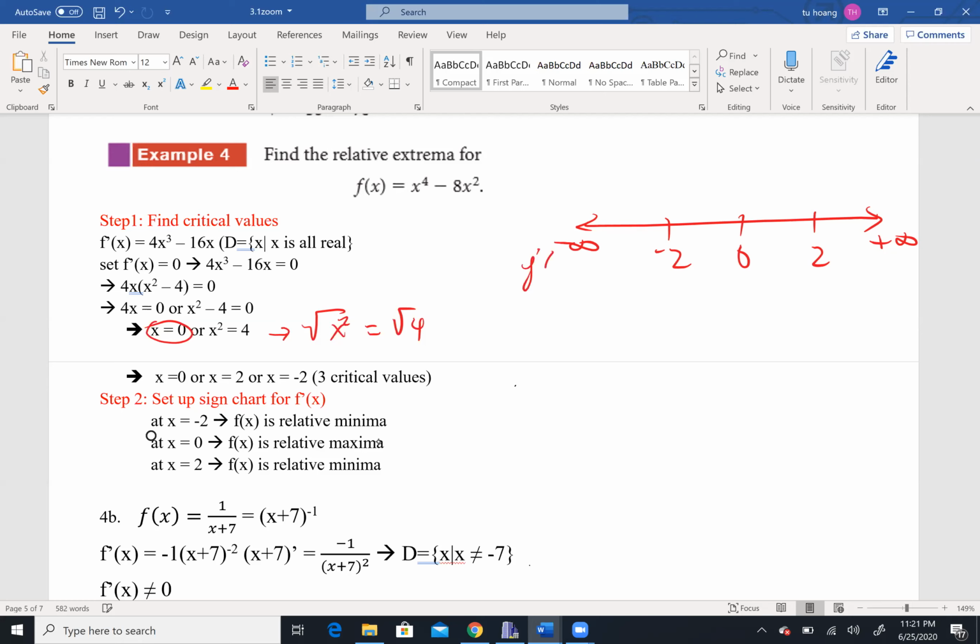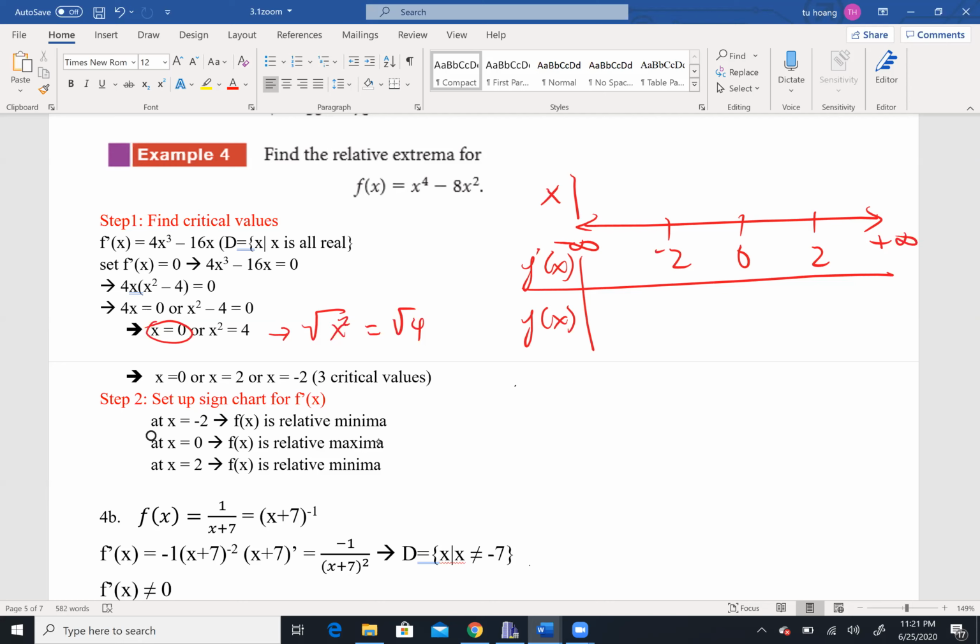So I have f prime of x here, and then I'm going to have a line, and then f of x. I'm going to put a value of x up here.